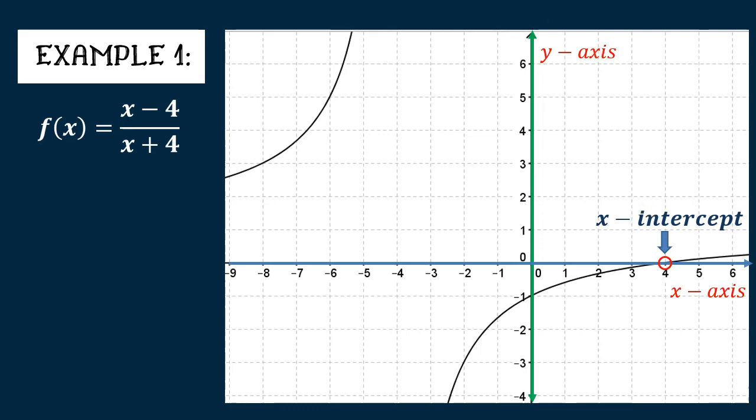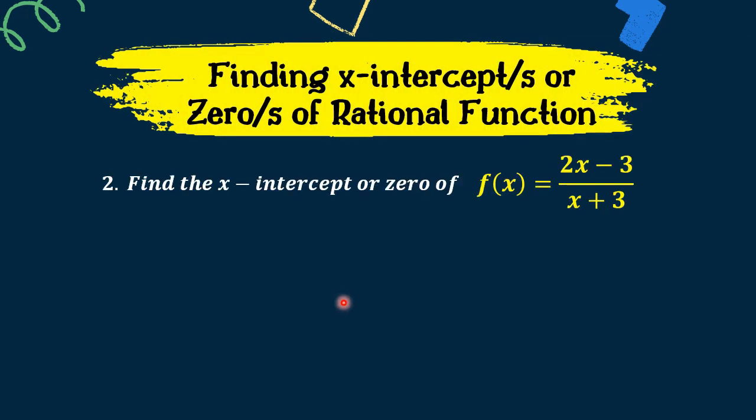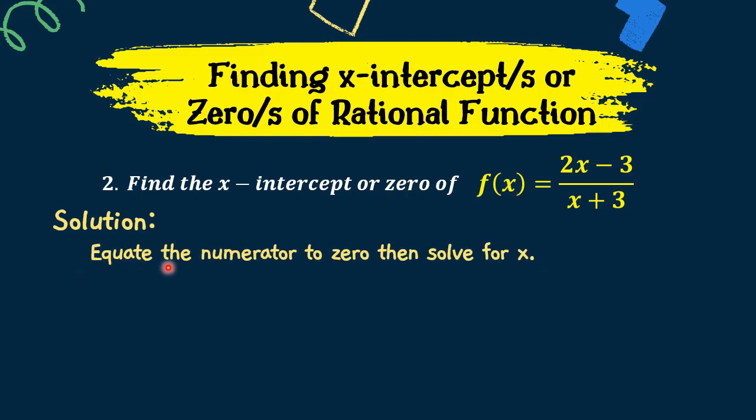We have another example. Again, find the x-intercept or zero of the rational function f of x equal to 2x minus 3 divided by x plus 3. Simply follow the steps in finding the x-intercept. First, we equate the numerator to 0, then solve for x.